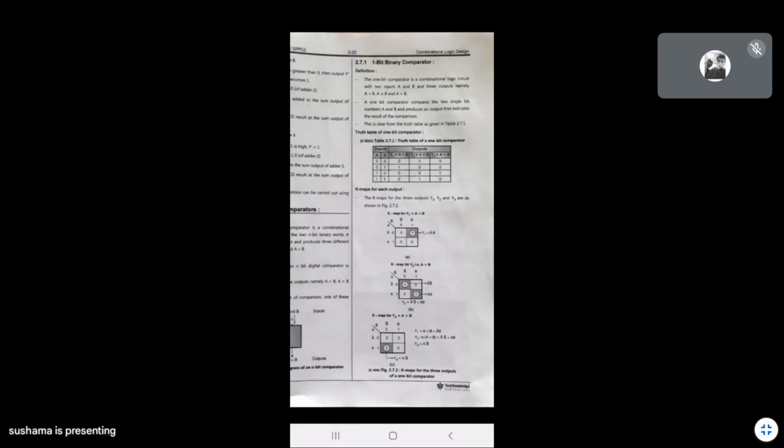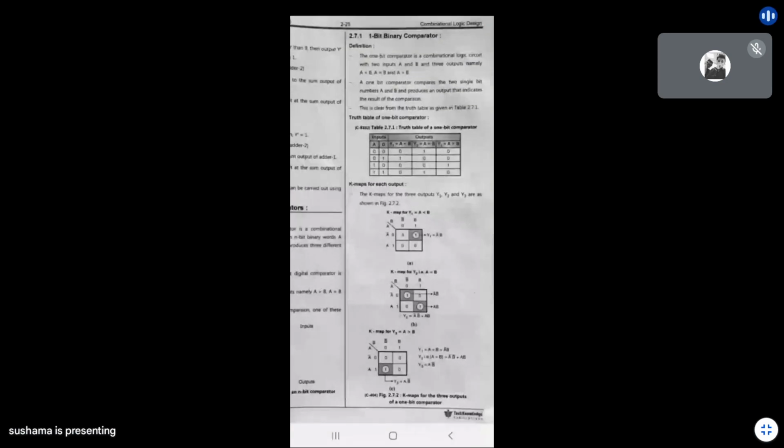Okay, are you able to draw the K-map from the truth table, each and every student? See here, the K-map is already shown here, you just have to understand it and write it down on your own. Here A is on one side, B is on the other side.